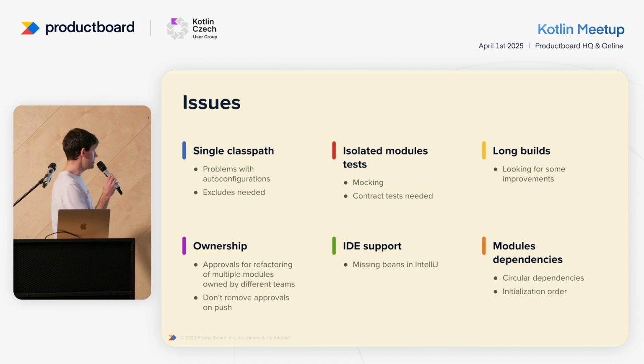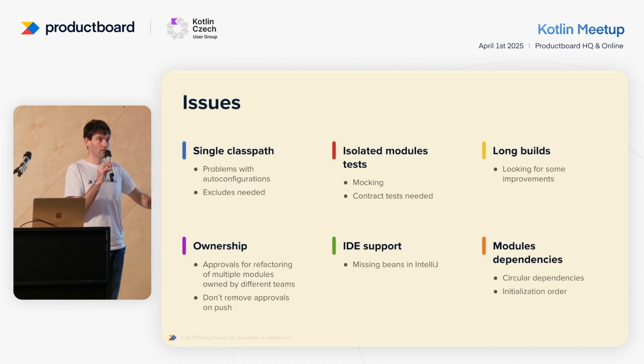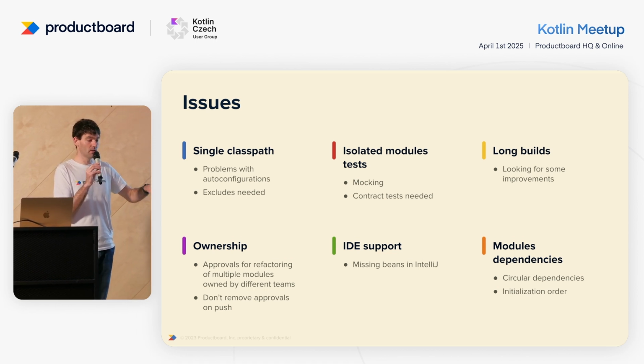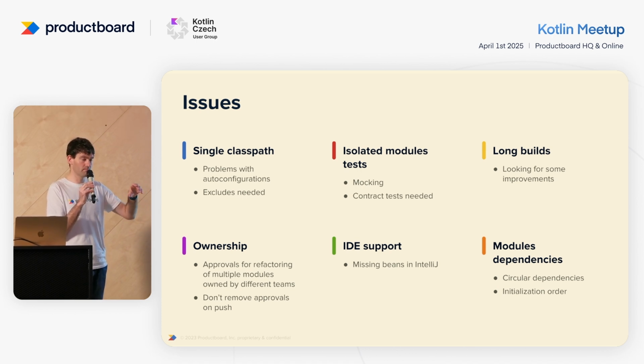But there are some issues. One issue is that everything is on a single class path in the end. That's the problem in Spring Boot. You have auto configurations which are configured conditionally on the presence of a library or classes on the class path.